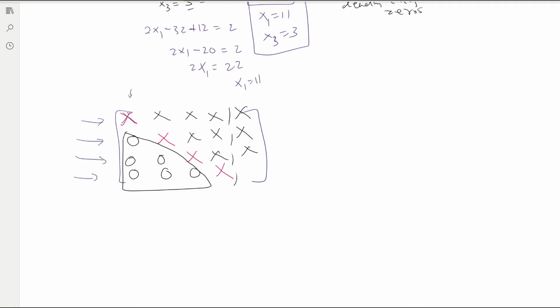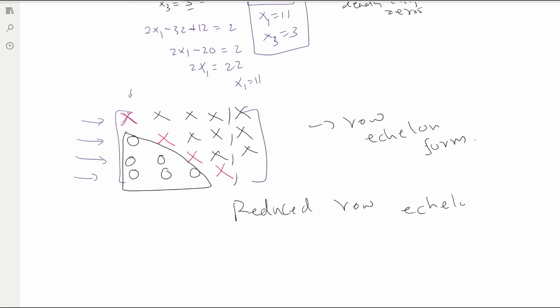So this is what we call the row echelon form. When you convert a system of equations into the row echelon form, it's easy to get the solution from there. There's one more thing that we need to discuss in this video, and that's what we call a reduced row echelon form.